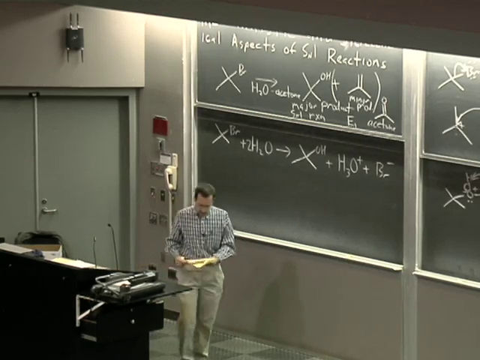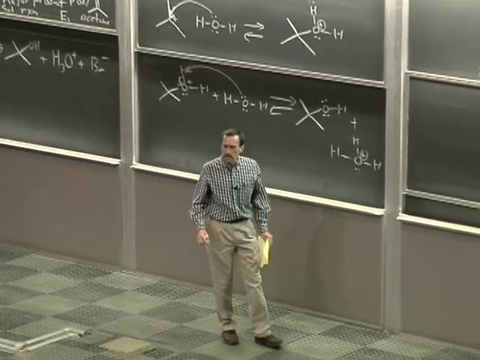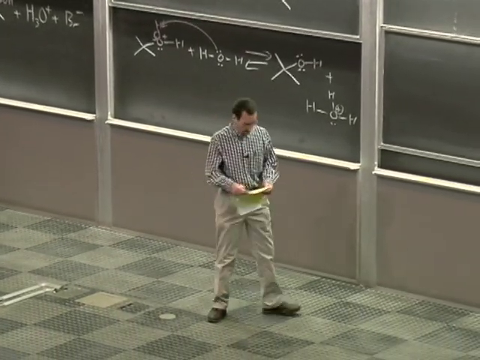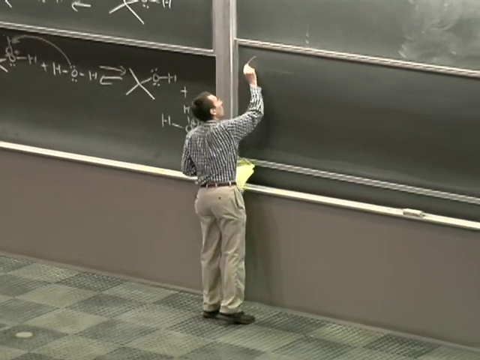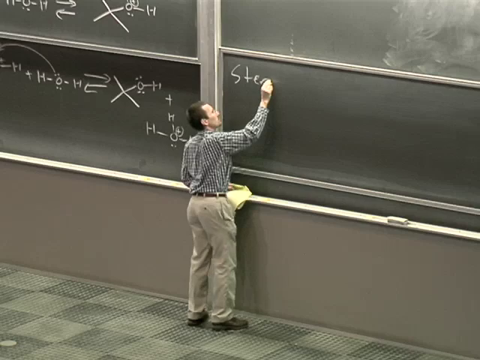What I'd like to do at this point is to take this idea here and to bring it to some ideas about stereochemistry. So I'm going to talk about the stereochemistry of SN1 reactions.